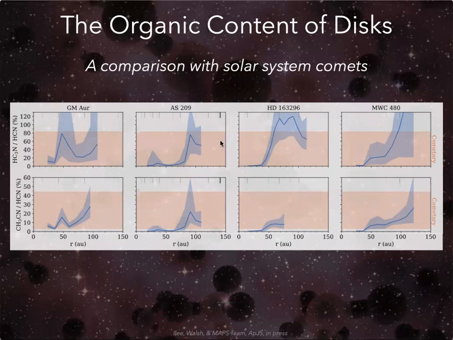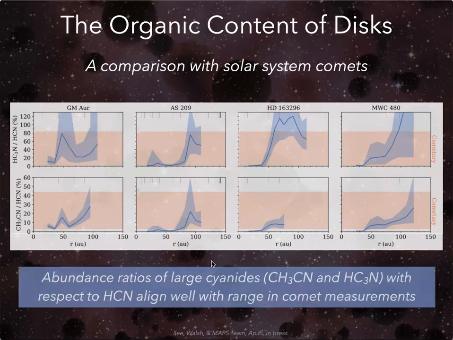And in blue, we have the ratios that we've derived from the observations. Hopefully you can see that for a lot of our disks, the blue range is sitting within the orange range and is also spanning the range for the 4 disks. So this tells us that these abundance ratios of these larger cyanides with respect to HCN align really well with the range in comet measurements.